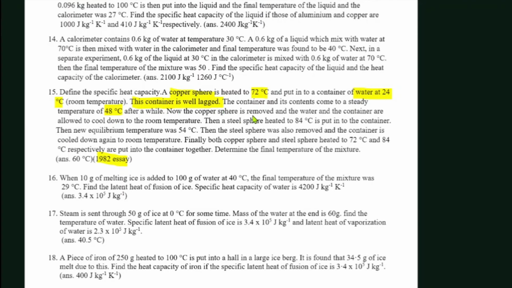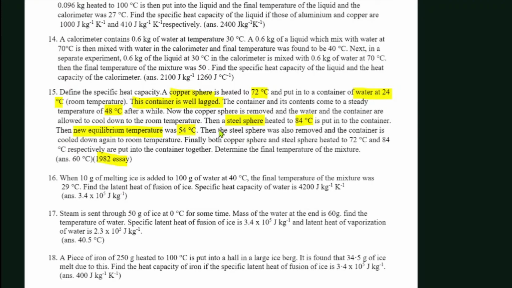Now the copper sphere is removed, and the water and the container are allowed to cool down to room temperature. Then a steel sphere heated to 84 degrees Celsius is put into the container. The new equilibrium temperature is 54 degrees Celsius.